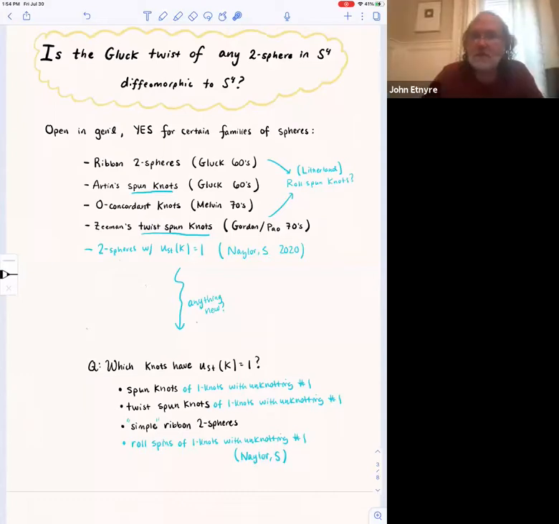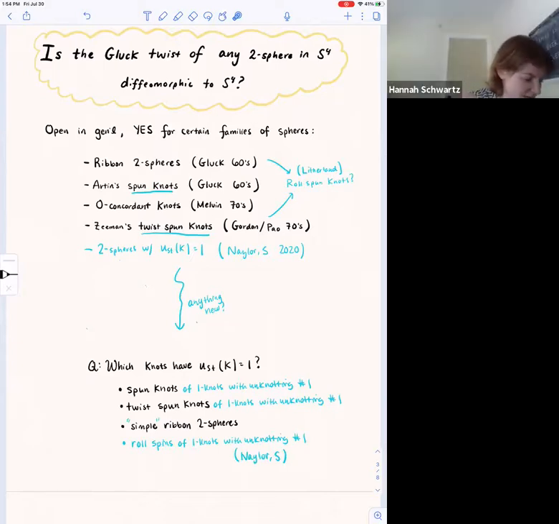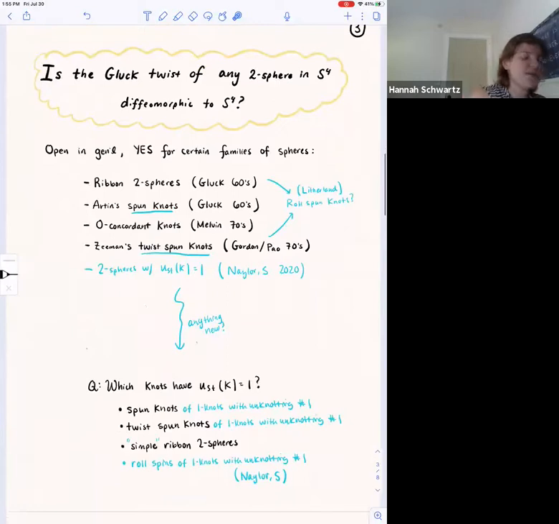Any further questions? Have you ever thought about these spheres with higher unknotting numbers, like 2, 3, 4? Yeah, we were thinking about this for a while. One of the contexts in which this is interesting, I guess, is odd because of the struggle that Patrick and I had to extend our construction here.